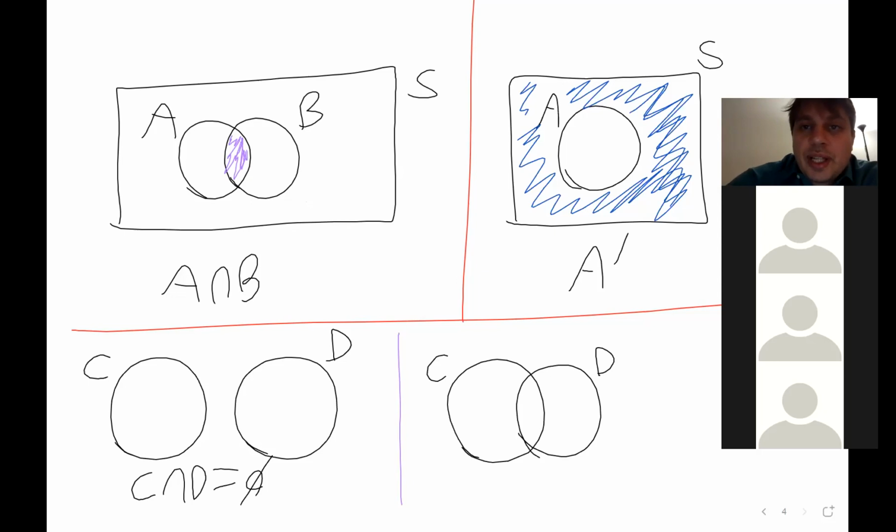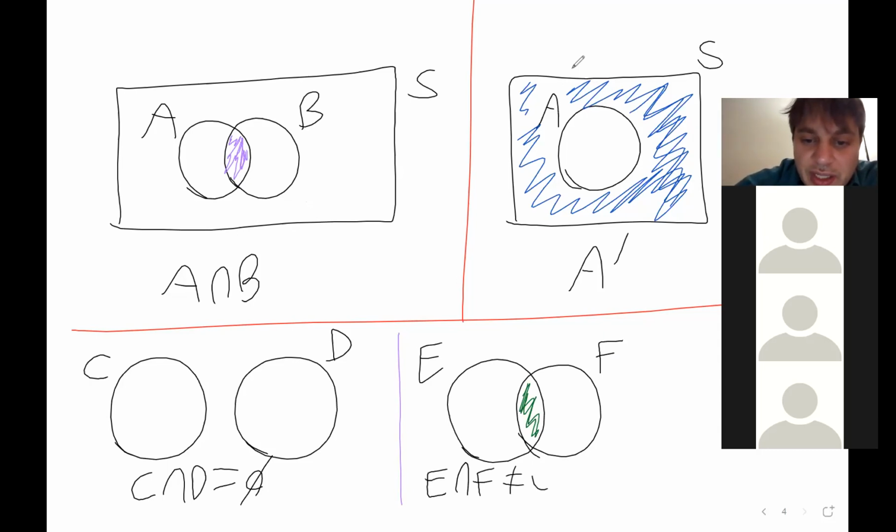Now, if you call these different sets, so let's say this is set E and set F. And let's say there's something in the intersection. It's not empty. So E intersection F not equal to the empty set, not empty, implies that E, F are not disjoint.